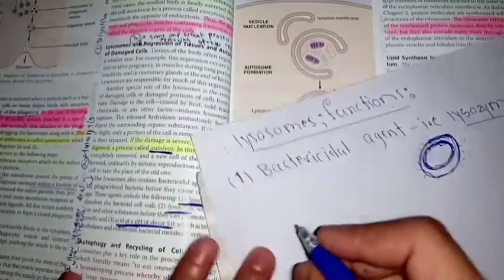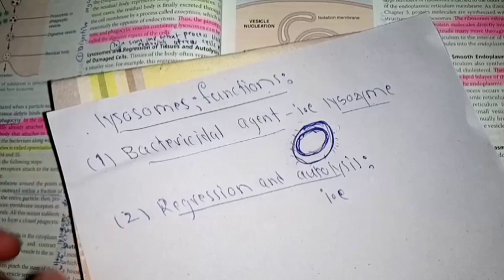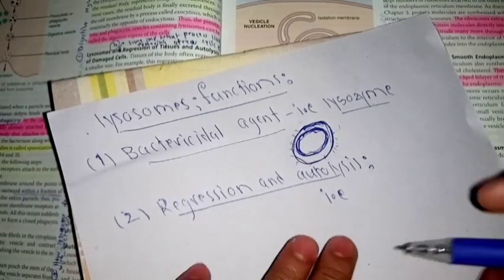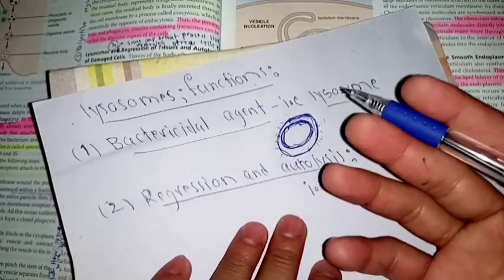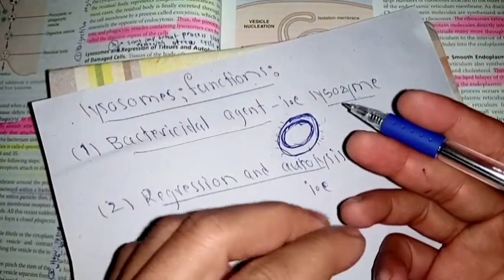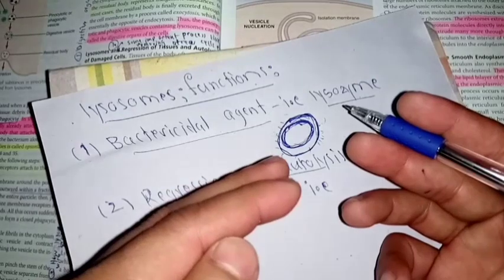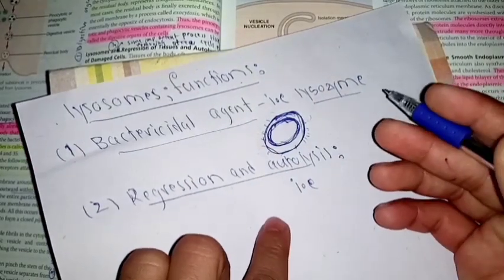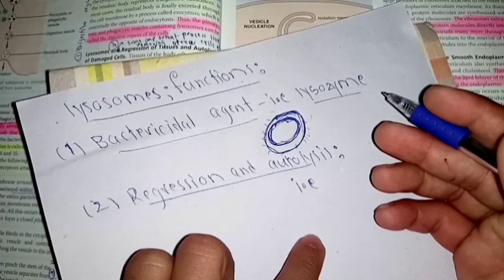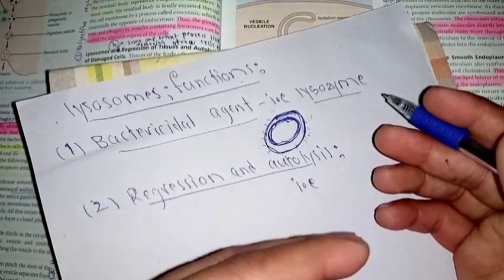The second function of the lysosome is regression and autolysis. What causes the placenta to come to its original normal position after the pregnancy has terminated? What causes the mammary glands to come to their original position after the lactation period is over? What causes the tail of the tadpole to disappear?